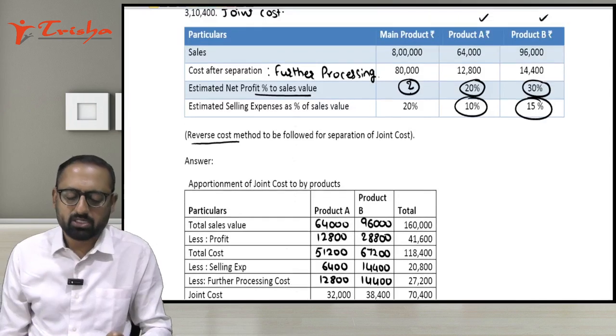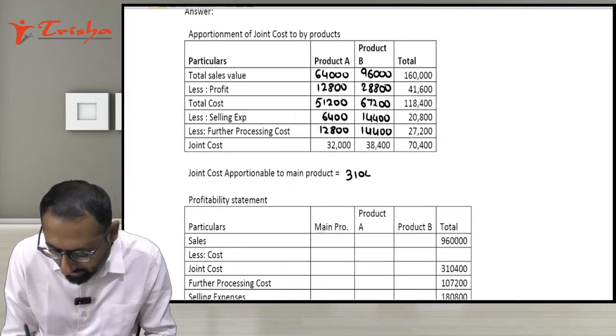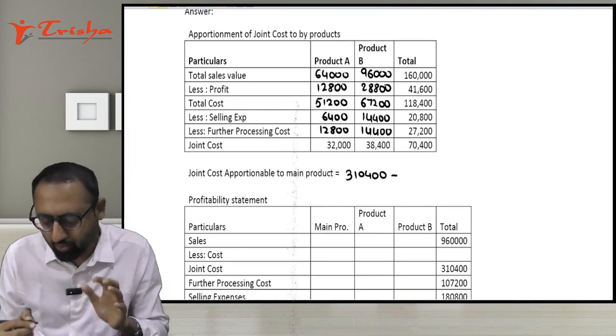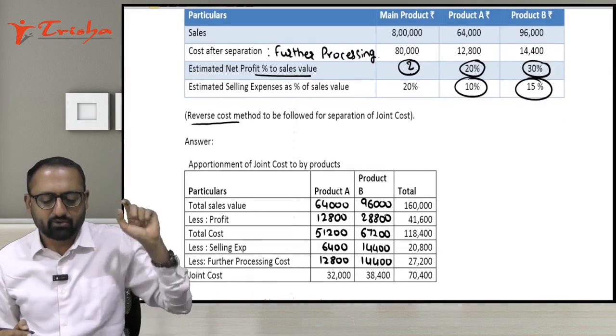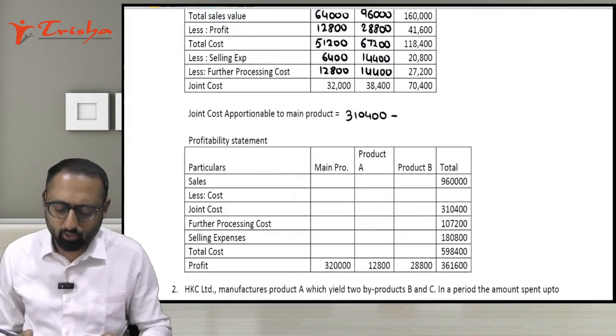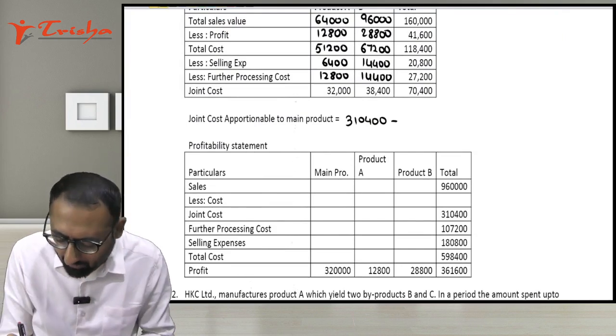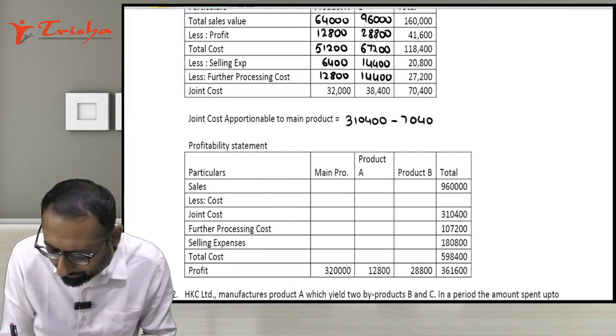Now, how much is your total joint cost? It is 3,10,400. 3,10,400 is your total joint cost, right, guys? It is given in the question. 3,10,400 total joint cost minus joint cost applicable to two products, it will be 70,400.